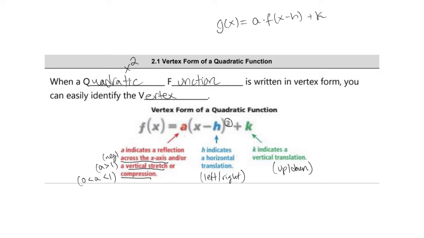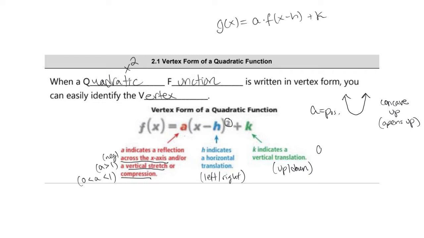Right. Now, one thing: our quadratics usually look like this. We call this concave up, meaning it opens up. You'll hear me say opens up when a is positive.